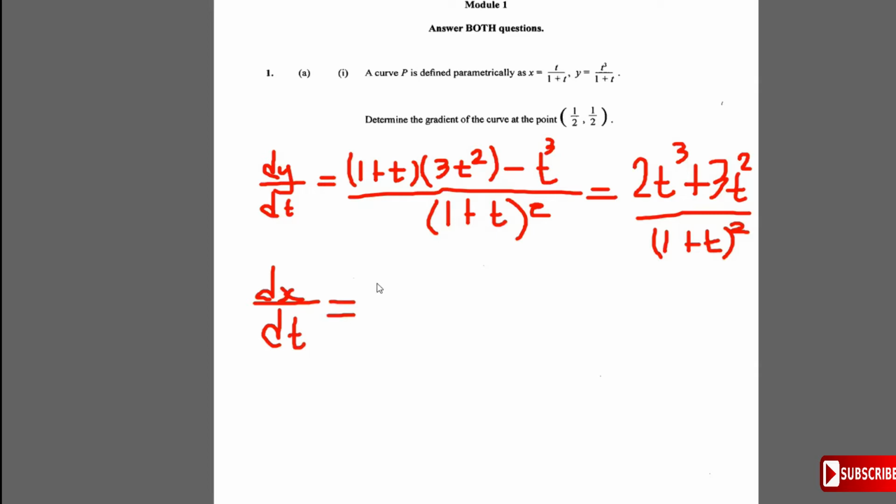We start with the bottom, which is 1 plus t, multiplied by the differential of the top, which is 1, minus the top, which is t, times the differential of the bottom, which is 1, over the bottom squared. If you work out 1 plus t minus t, the t minus t cancel. So you just get 1 over (1 plus t) all squared.